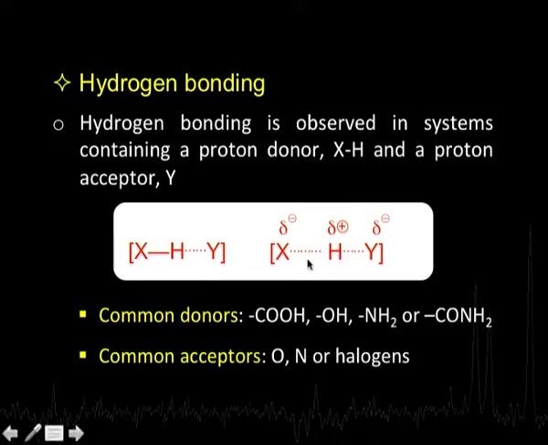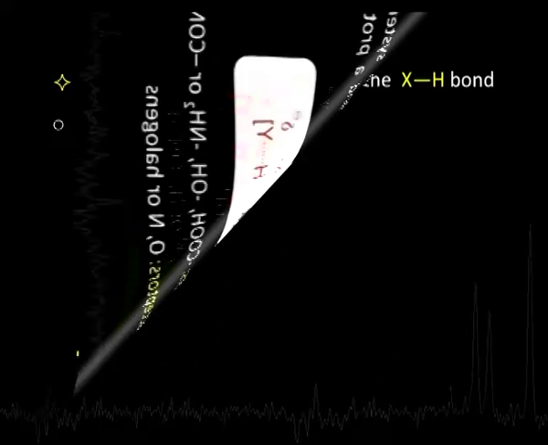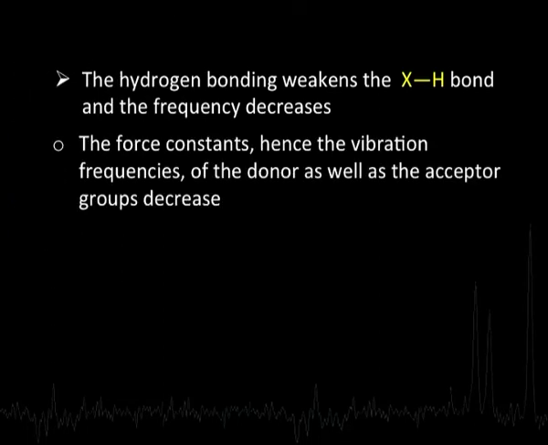This XH was a strong bond, a full bond, but because of hydrogen bonding this has become weakened. Since the bond has become longer and weaker, the vibration frequency will decrease. What is observed is typically that the force constant, and hence the vibration frequency, of the donor as well as the acceptor group both decrease.